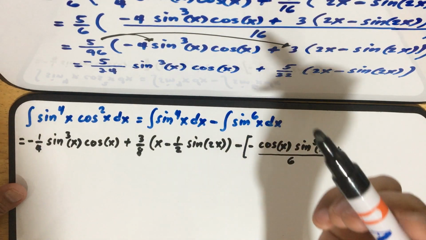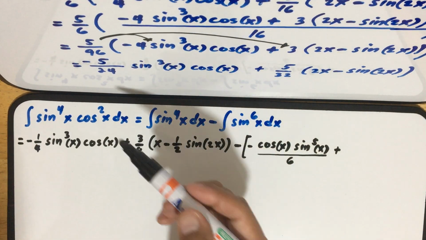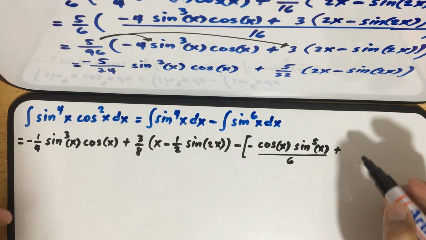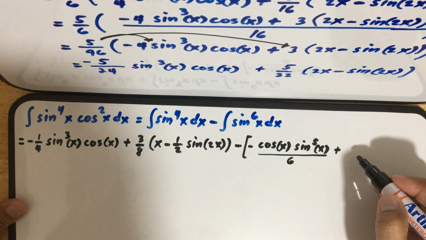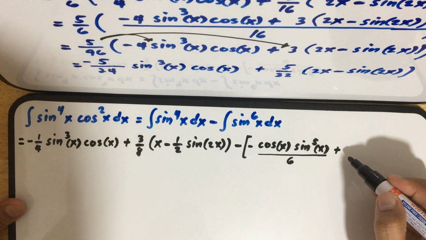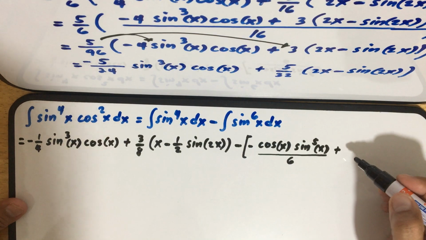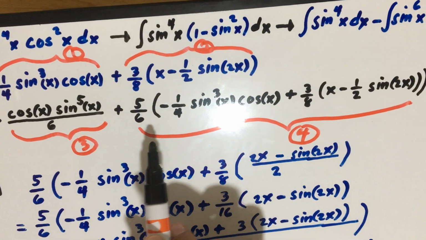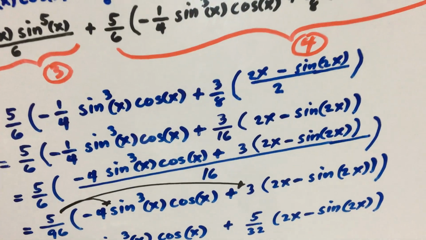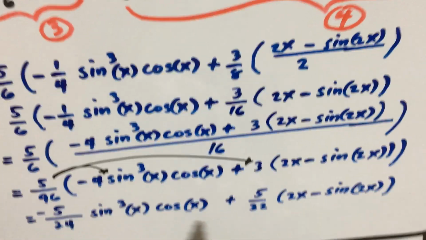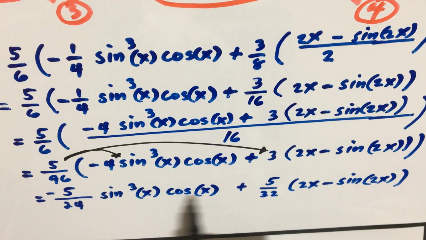Okay, this is what we are going to add, class, because this is our 4th term. Instead of this, we already expressed this in another form, which is this one. So this is what we're going to substitute.